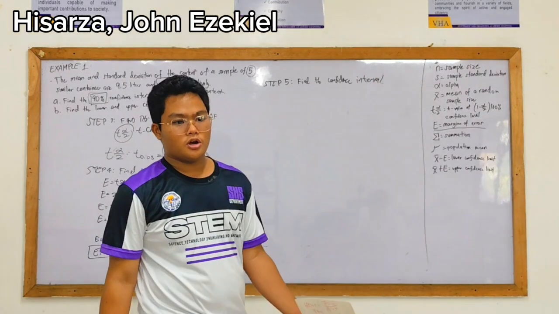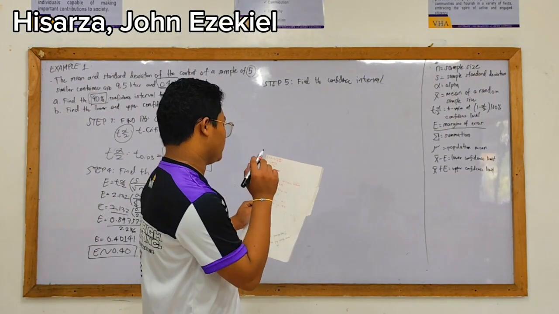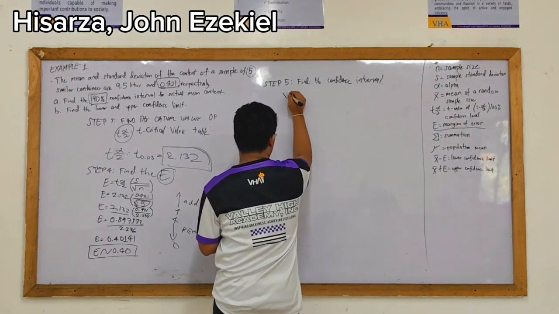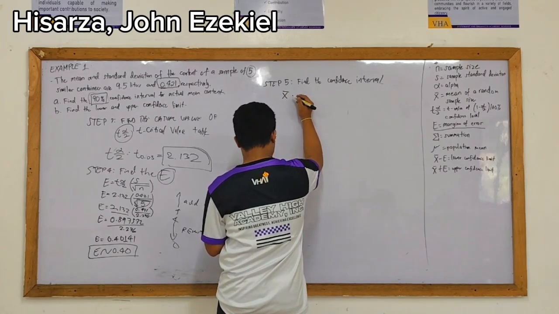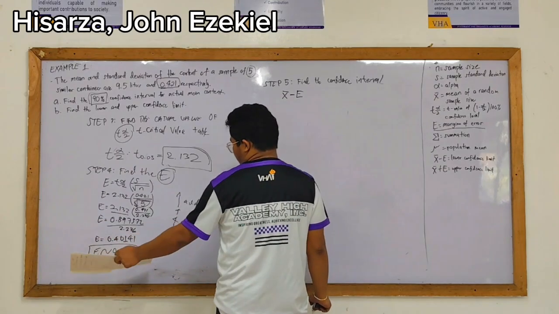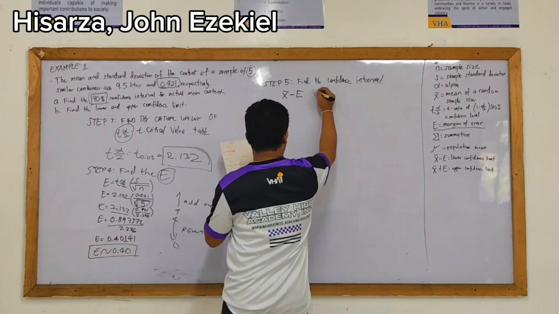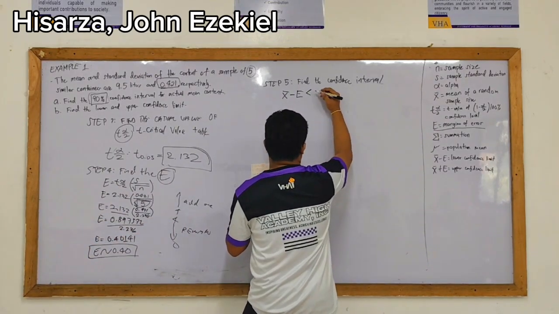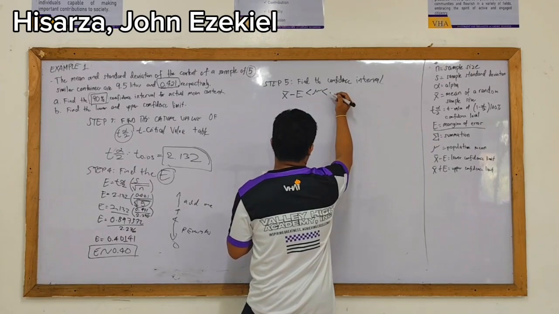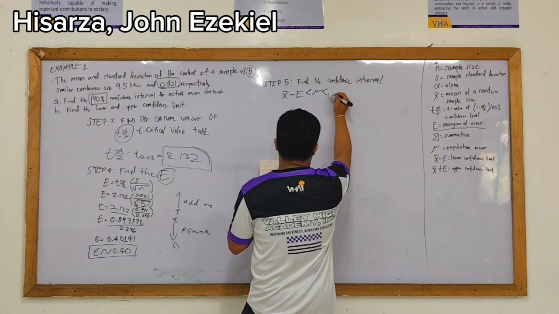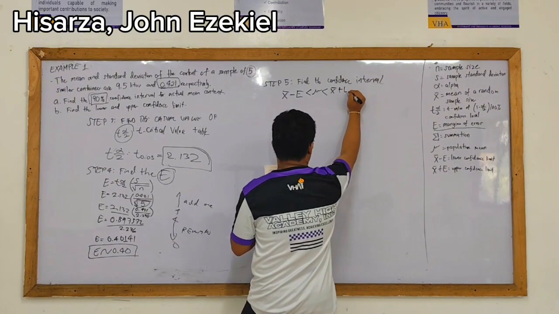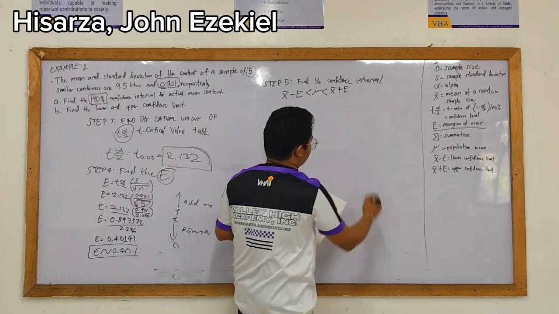For us to identify our confidence interval, this is the formula: the mean minus our margin of error is less than the population mean, less than the mean plus our margin of error.